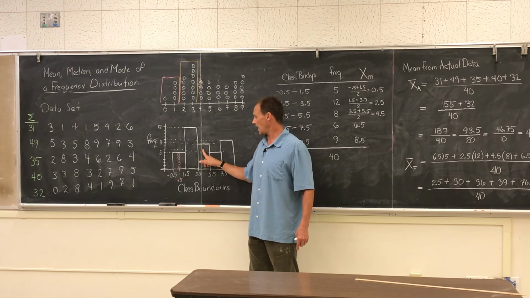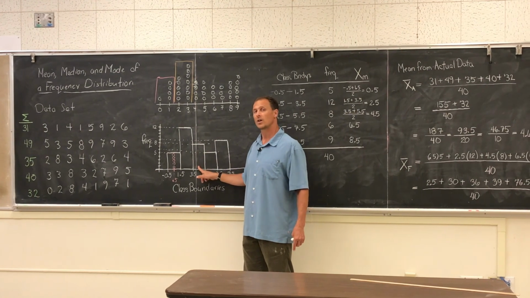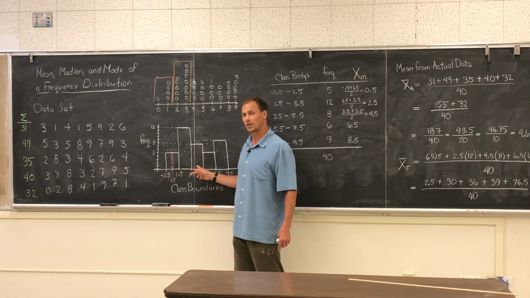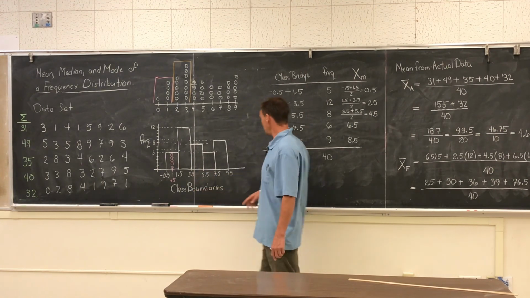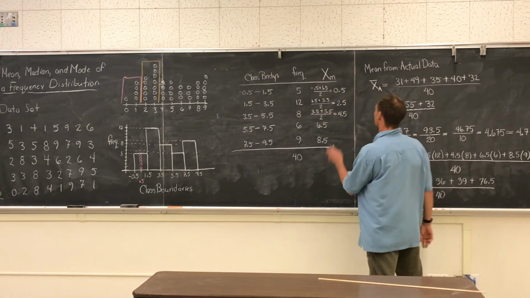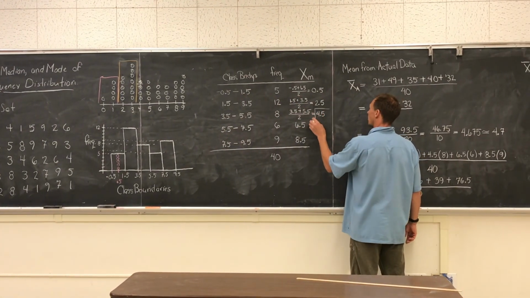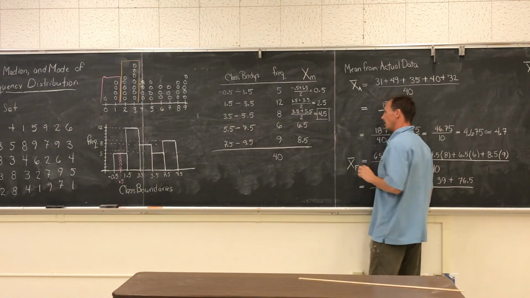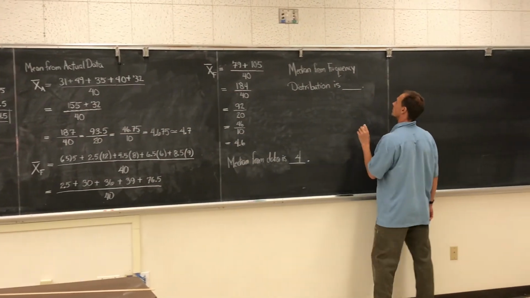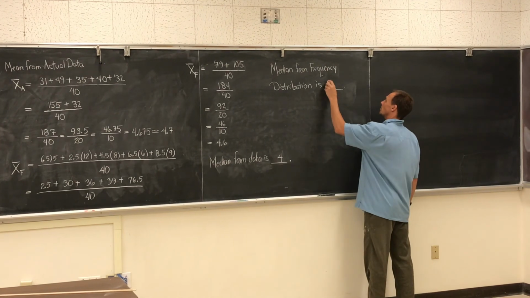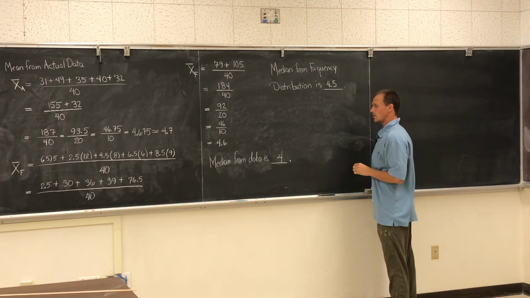In other words, I know that somewhere in this third class is the median. So if we look at our third class, we're representing it with the midpoint. What is the midpoint of our third class? It's 4.5. And so that would be our median. The median from the frequency distribution is 4.5. So it's a pretty close estimate.